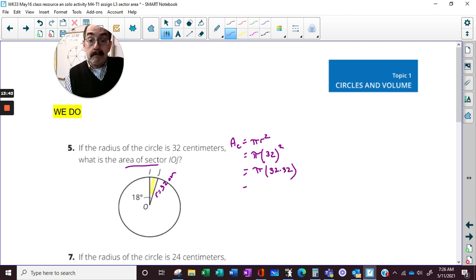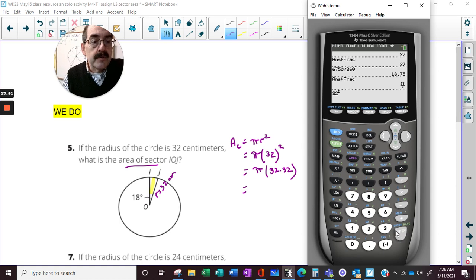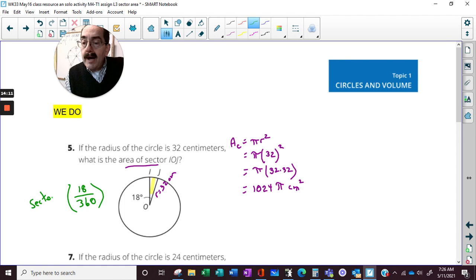Wow, I'm going to need a calculator. What's 32 times 32? Oh boy. 32 to the power of 2 is 1,024. I'm glad I didn't guess that. 1,024 pi square centimeters, but we only want 18 over the 360. We only want a piece of the whole pie.